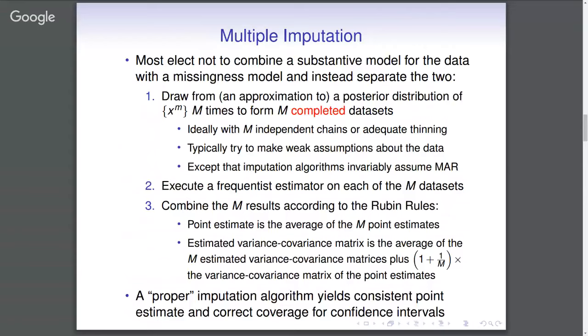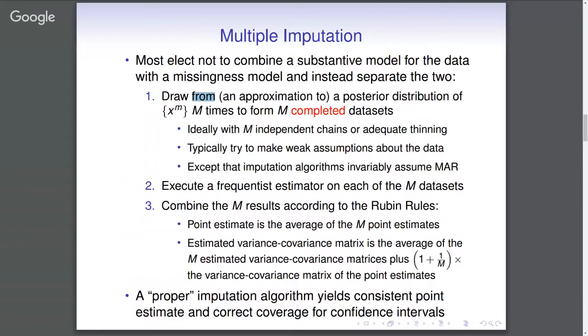So you're getting maximum likelihood estimates averaged over the posterior distribution of xm. Specifically, you draw from an approximation to the posterior distribution of xm. You do that capital M times to form capital M completed data sets.